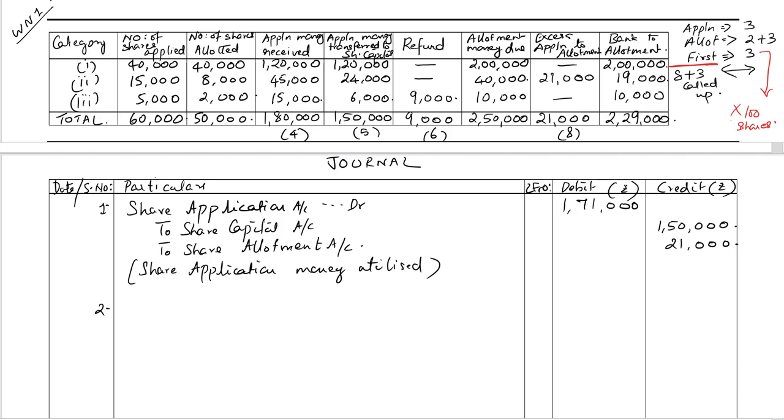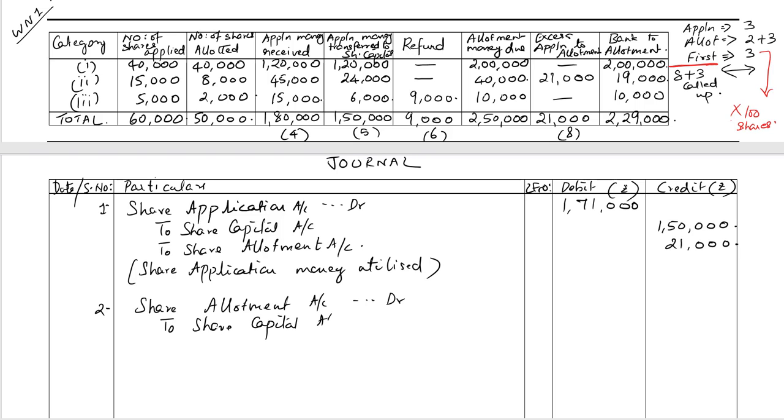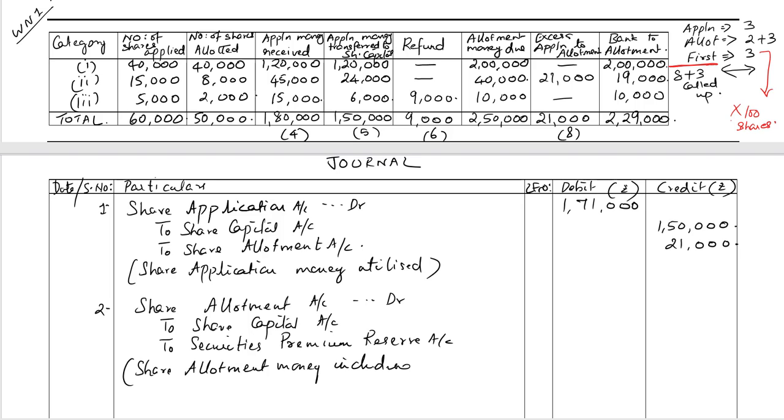Next entry, we'll make the share allotment money due. Share allotment account debit to share capital account, to securities premium reserve account, for the share allotment money including premium due.